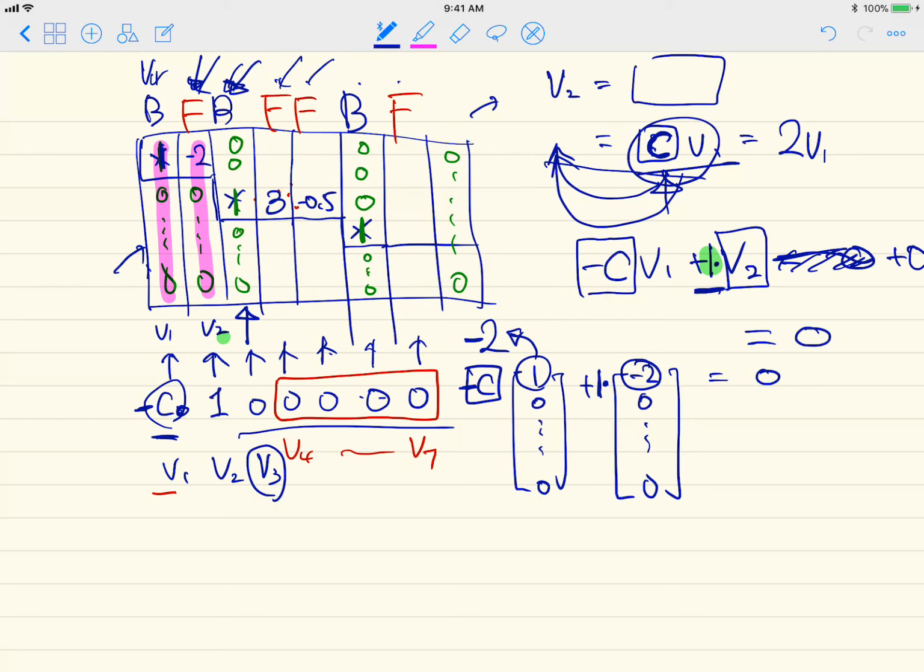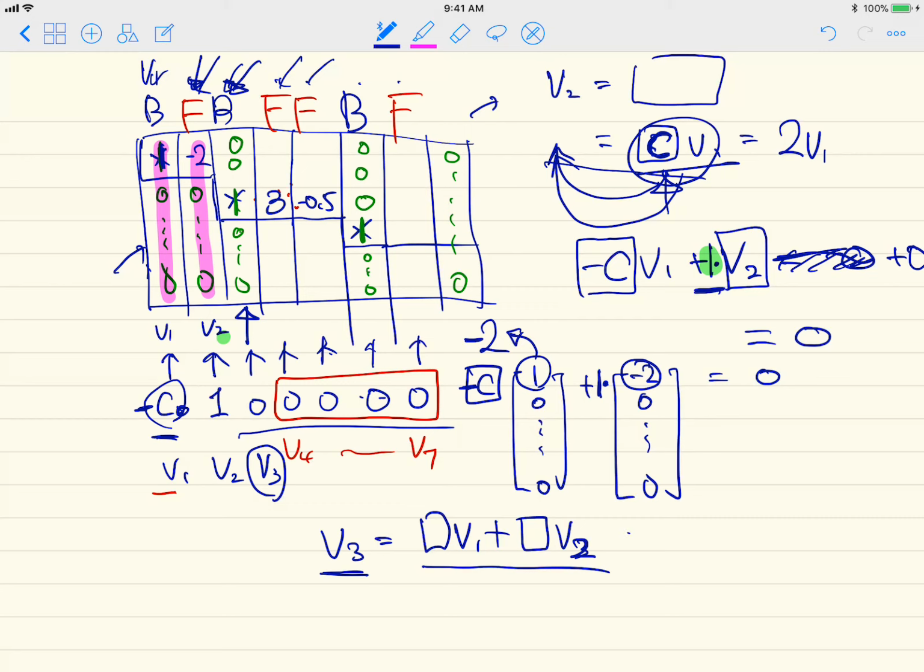So it's not belonging to the span of the first one, and we should not be able to find this linear combination relationship. We shouldn't be able to represent V3 as a linear combination of the previous vectors.